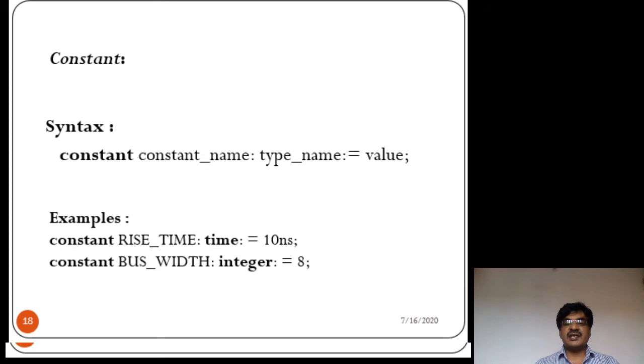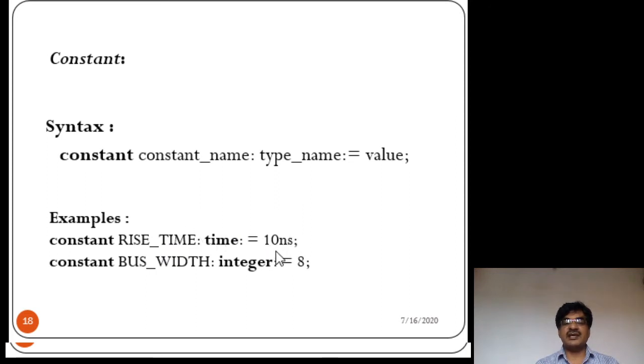Let us see some examples for constants. Here two examples are shown. The first example is constant rise_time colon time colon equal 10 ns. It means rise_time is an object of class constant which holds time type of data, and its initial value is 10 nanoseconds.